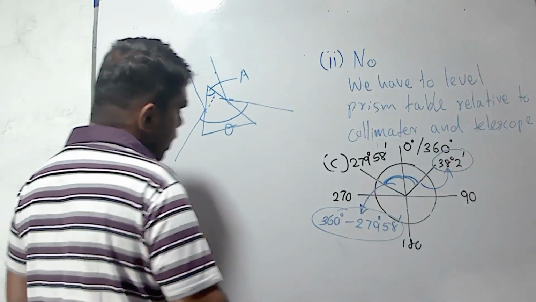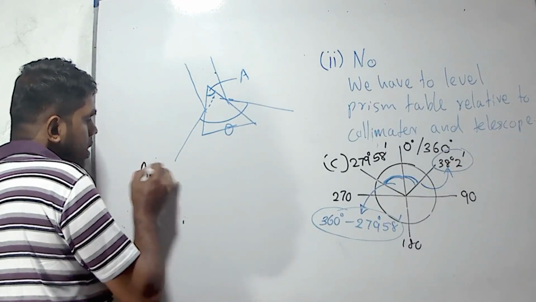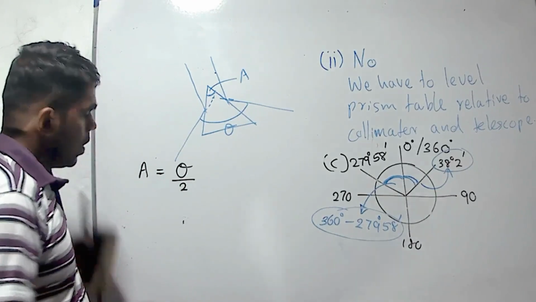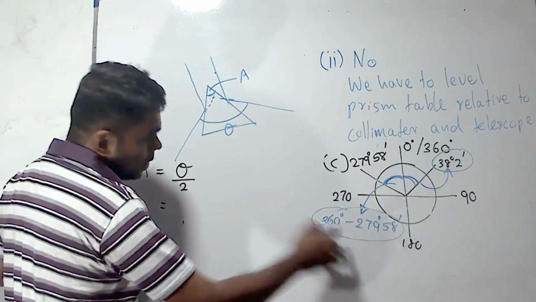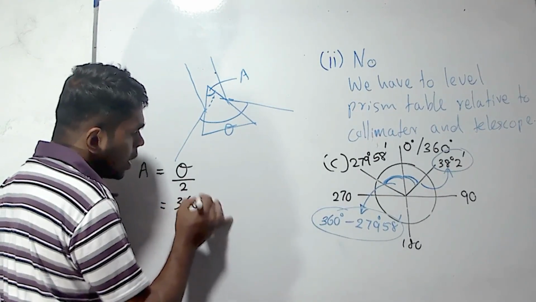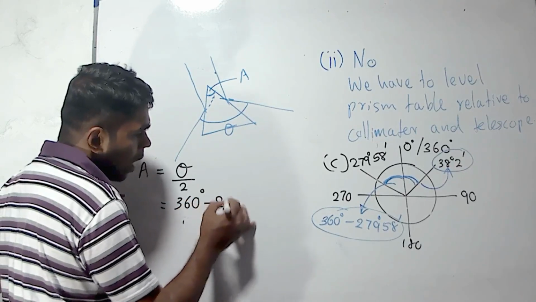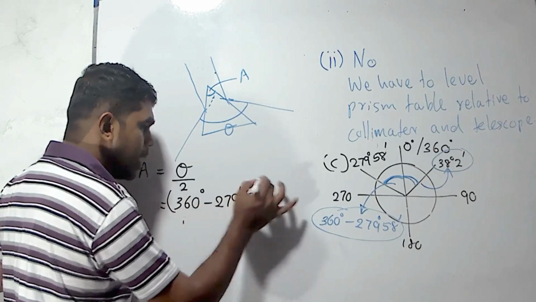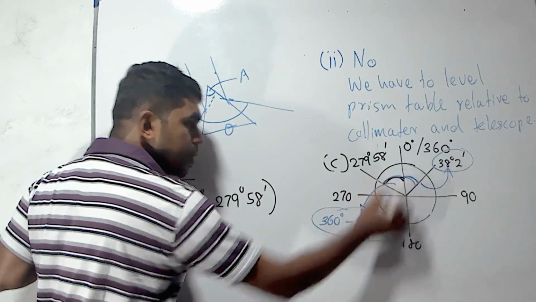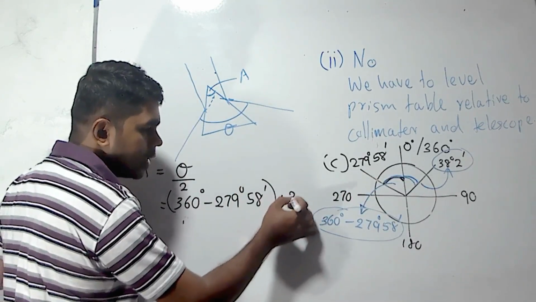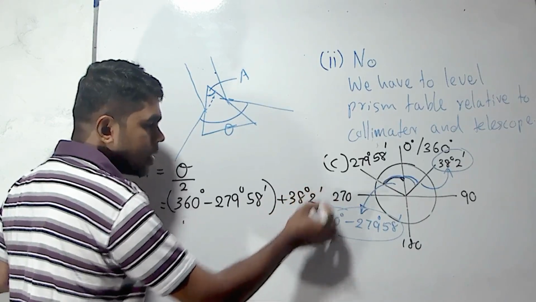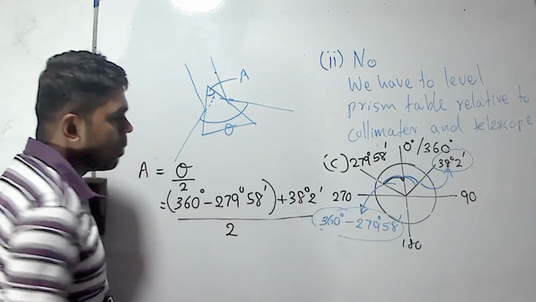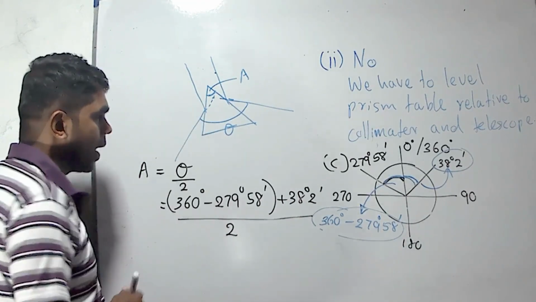Then we can write prism angle is theta divided by 2. We can get the theta value as 360 degrees minus 279 degrees and 58 minutes. This angle is this part. And we have to add 38 degrees and 2 minutes to obtain theta, then divide it by 2 to get the prism angle.